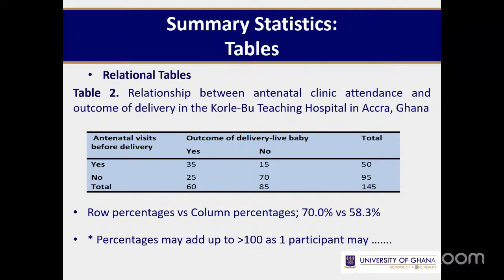So which one is most appropriate in this situation? Both of them are giving us different information. So depending on what we are looking for, then we'll go for one.